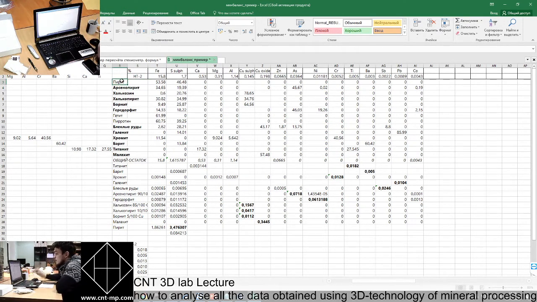And this is important as each mineral has its own physical and chemical properties.